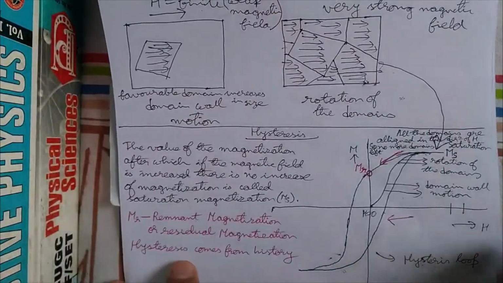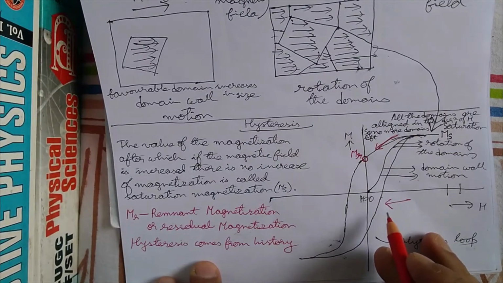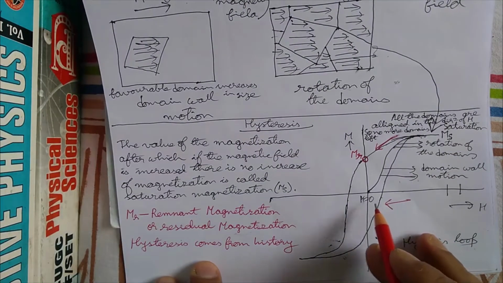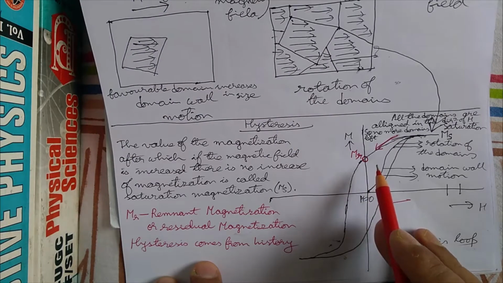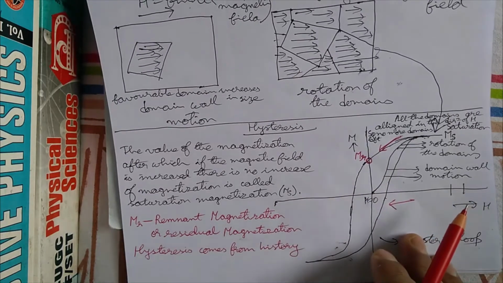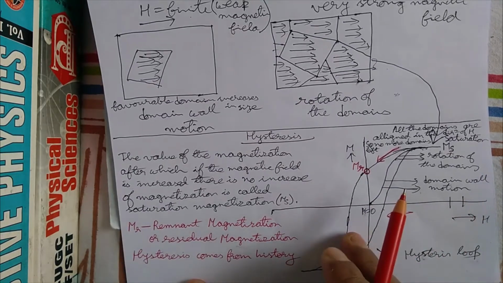Okay, so this means that when the magnetic field is decreased and it becomes zero, the magnetization is not zero. It retains some of its magnetization. That is, it remembers the history of it.